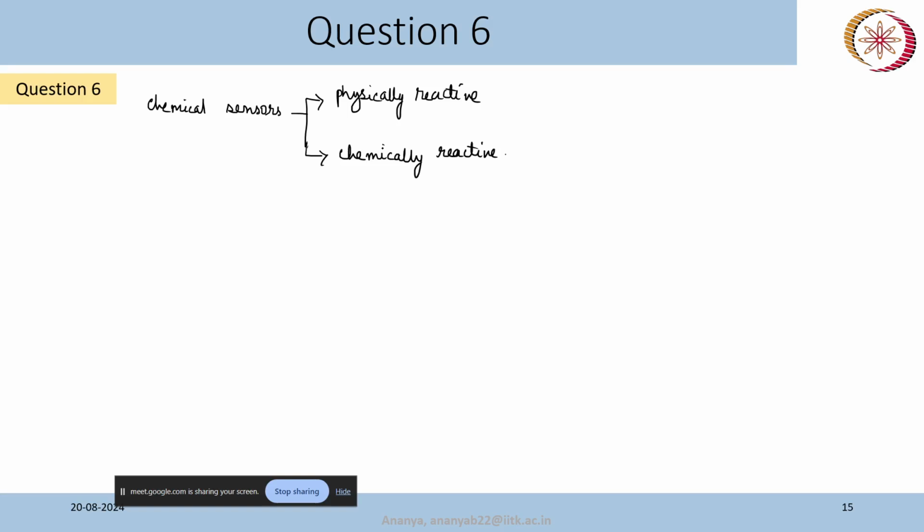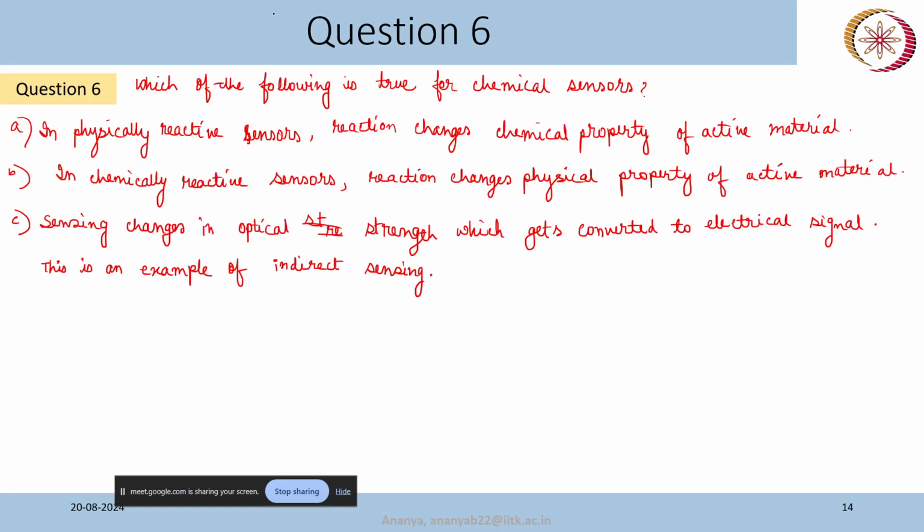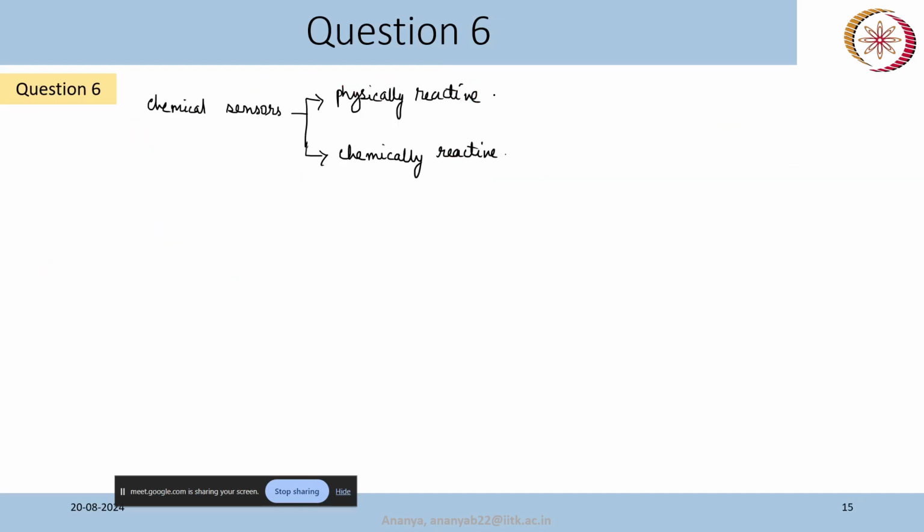Now this classification is based on what property of the sensing element is being changed. Okay, so option A is, in physically reactive sensors, reaction changes chemical property of the active material. That is not true. In physically reactive sensors, the reaction changes some physical property of the sensing element.